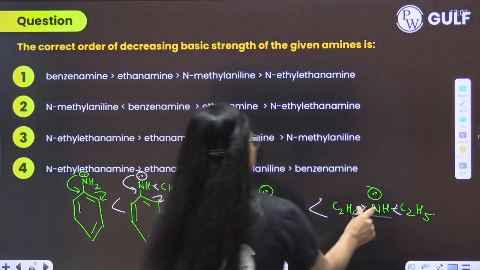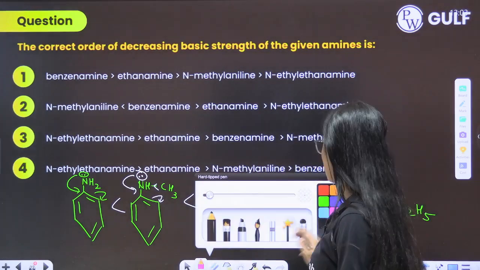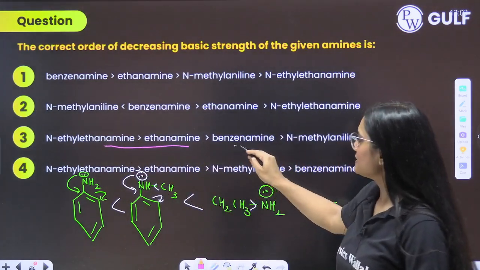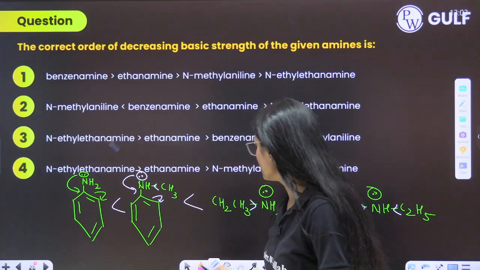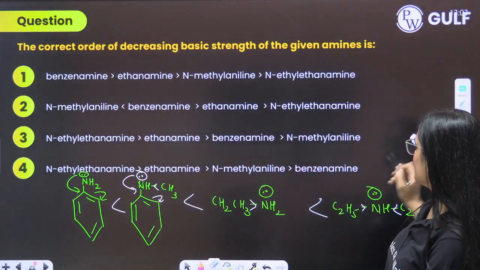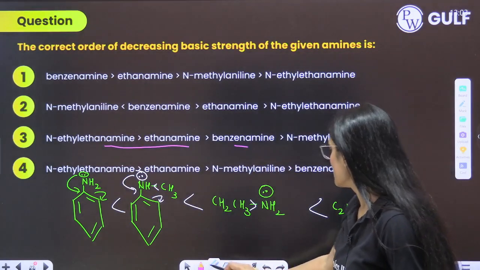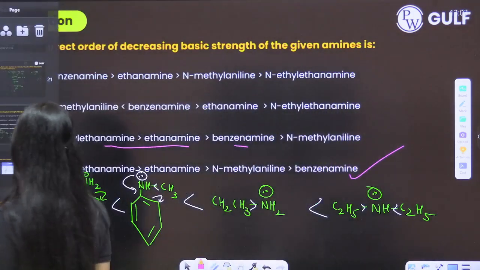So N-ethyl ethanamine at the top. Second will not go. Fourth option will go: N-ethyl ethanamine, ethanamine, N-methyl ethanamine, and benzenamine. Here option fourth is the right answer. Next one, let's move ahead.